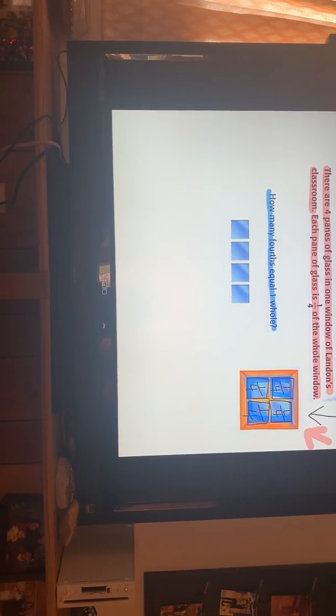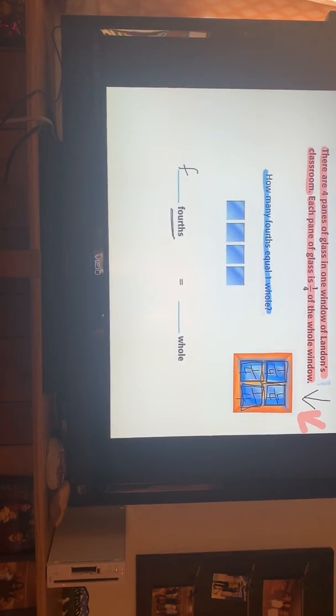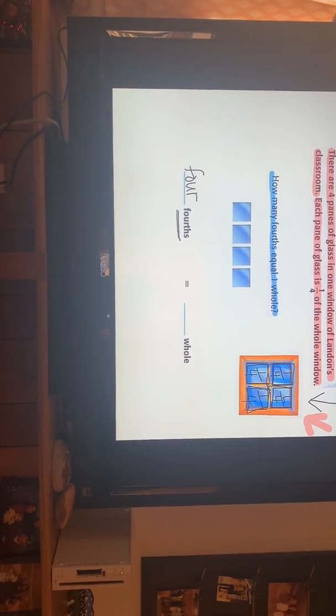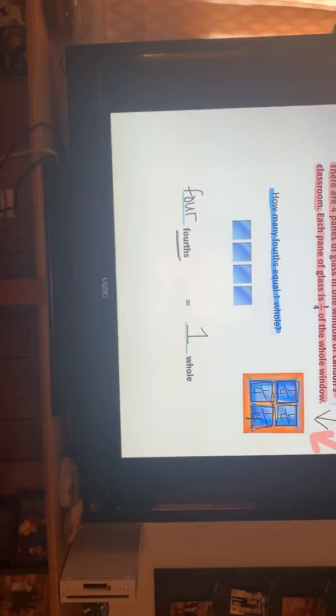So to answer the question, we need 4 panes or 4 pieces of glass to equal 1 whole window. What we also know is that 4 of these, 1, 2, 3, 4, so 4/4, because these are all in fourths, remember, 4 of them equals 1 whole window.